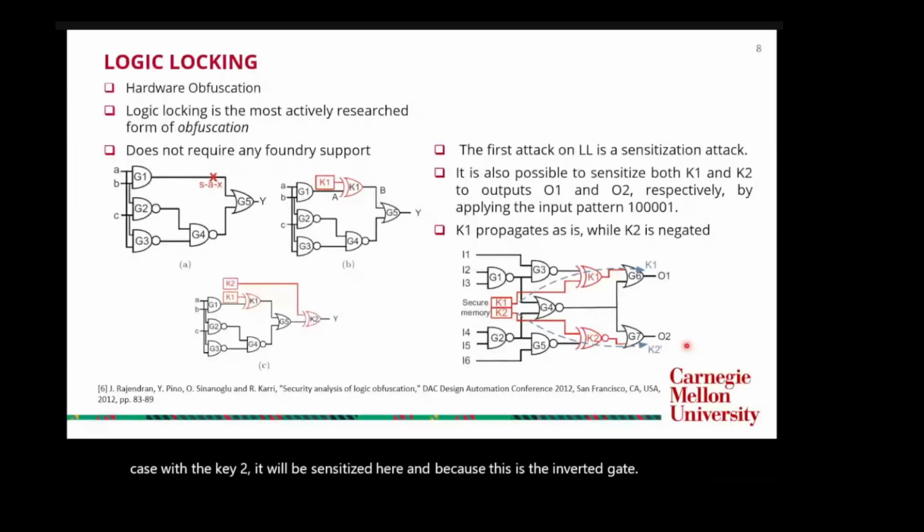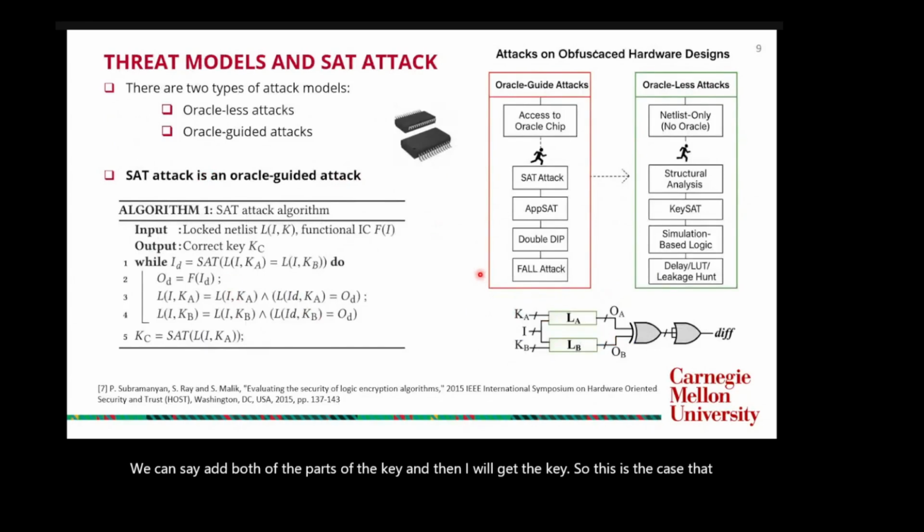So I will check with both the inverted output and the normal outputs, and then we can add both parts of the key, and then I will get the key. So this was also a problem that we needed a solution to.